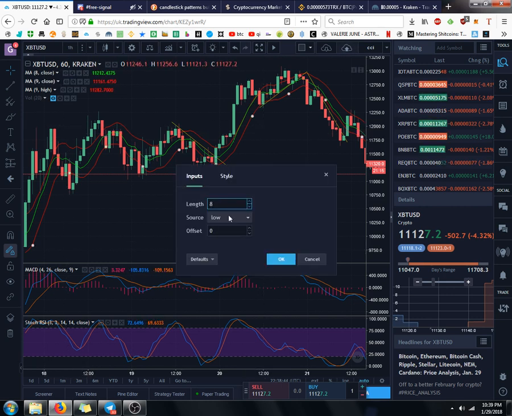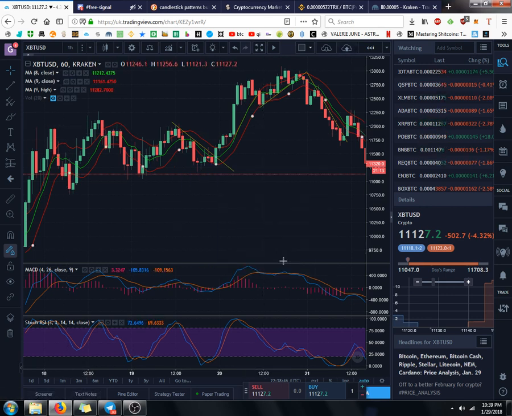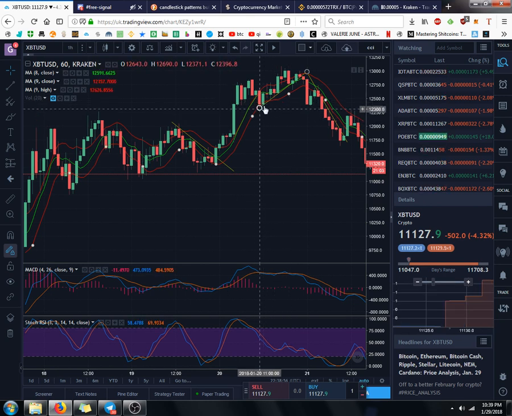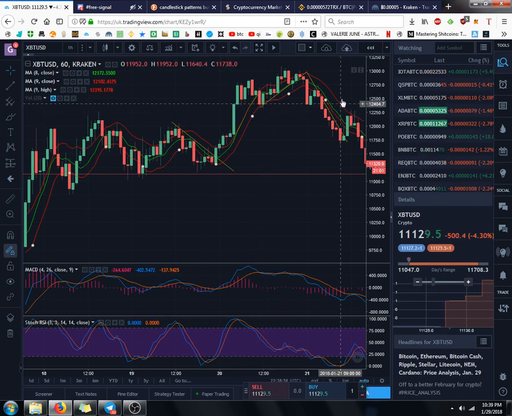I don't know why it says close. See, it says low. So that's the average of the last low prices, and that's the average of the last high prices. So I use the red low for an exit point on a buy, and the red high for an exit point on a sell. Sorry, I'm probably rambling.